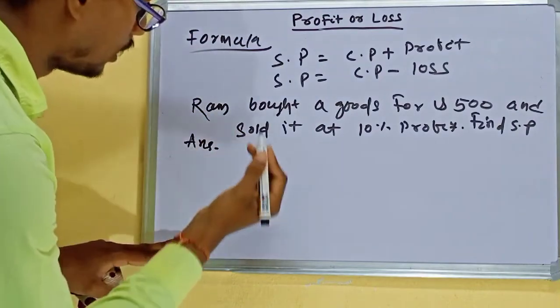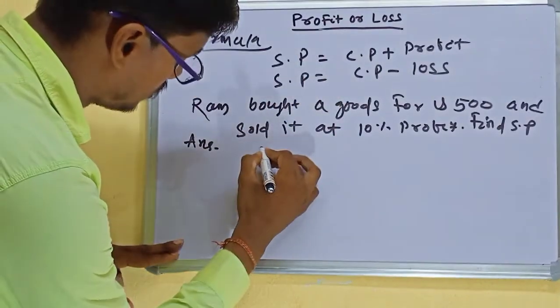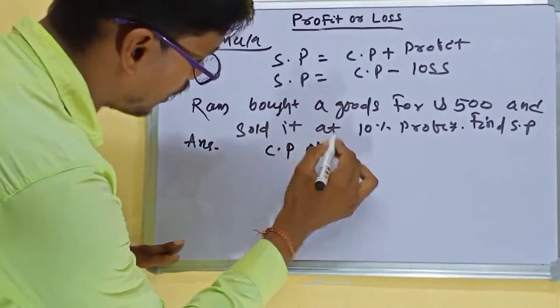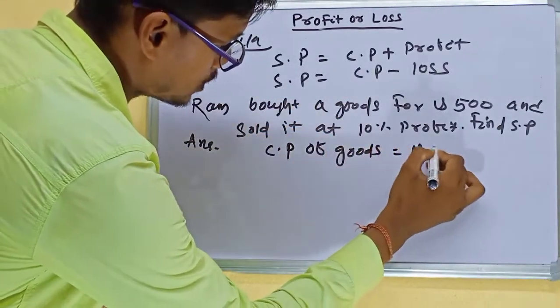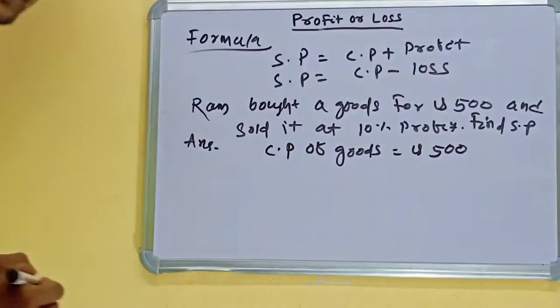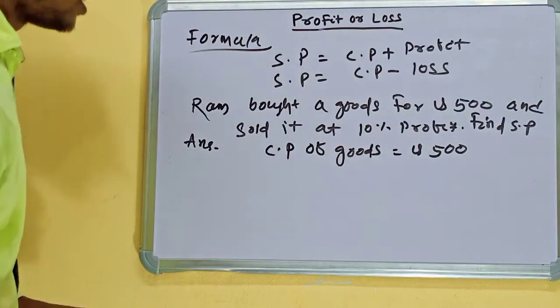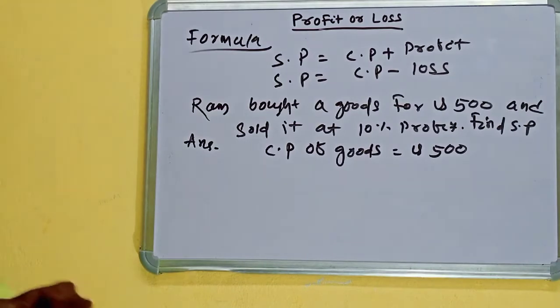Answer. First of all, we write the CP of goods. CP of goods is equal to rupees 500. Next, we calculate the profit amount.